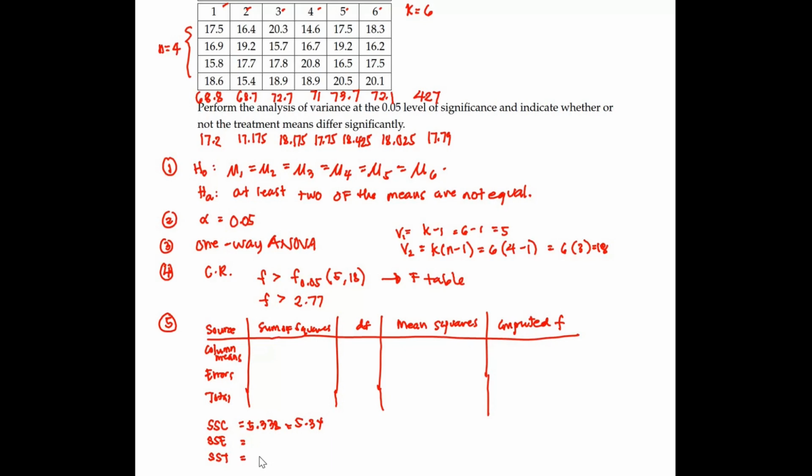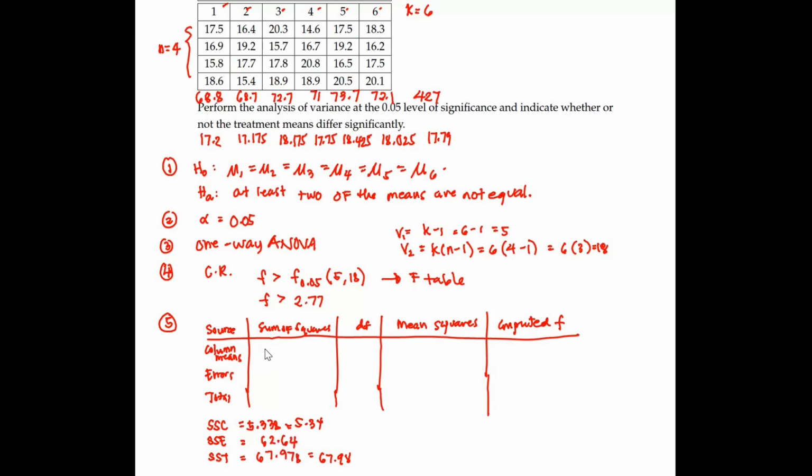SST is 67.978, or you can have 67.98, then 67.98 minus 5.34 will give you 62.64 for SSE.